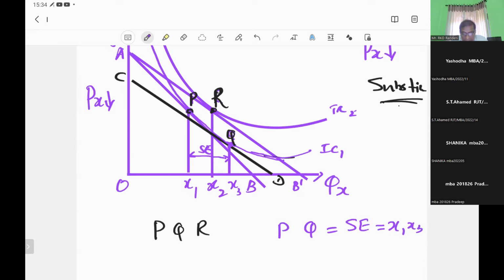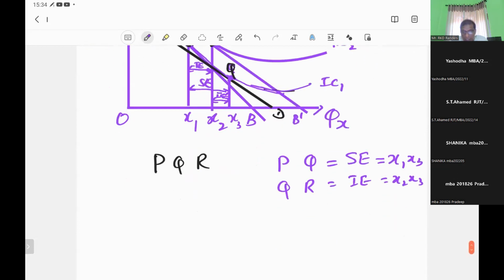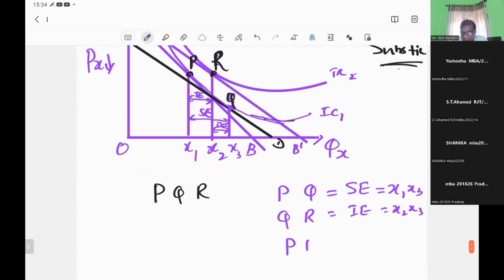This is the income effect, that is Q to R. Q to R is the income effect, X2 to X3. Here is the price effect or total effect, P to R, the total effect, that is X1 to X2.